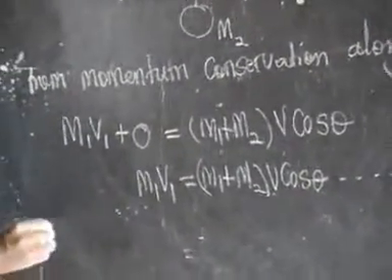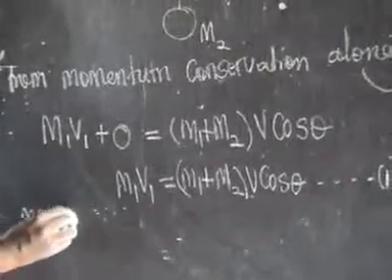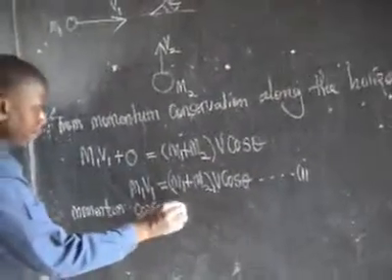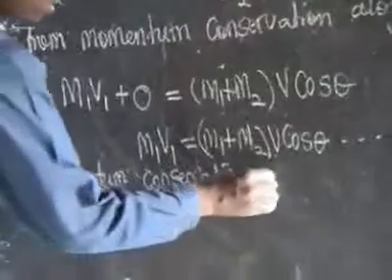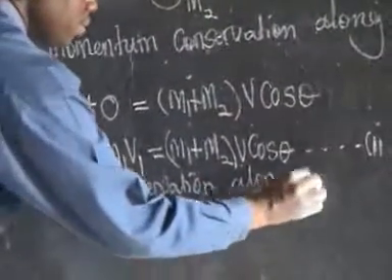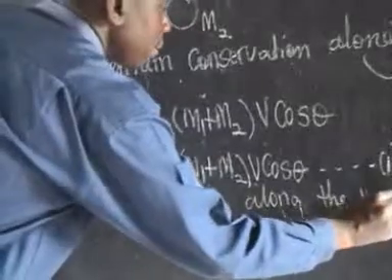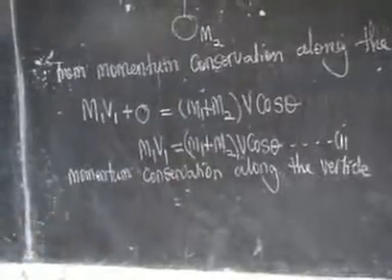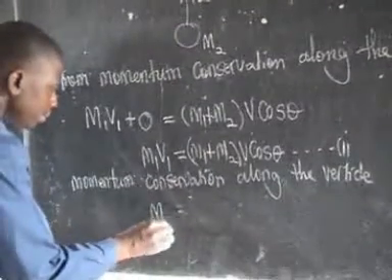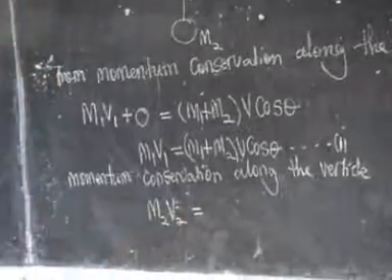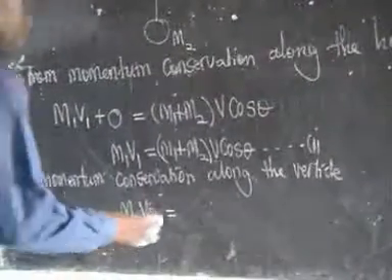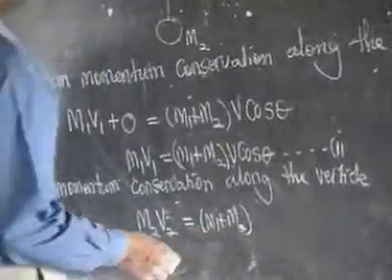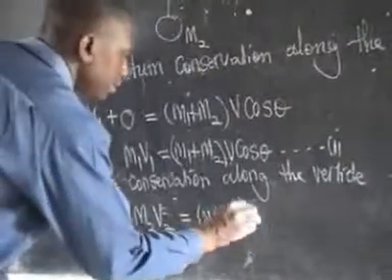So momentum conservation along the vertical, we shall have m2 v2, and this must be equal to m1 plus m2 v sin theta.